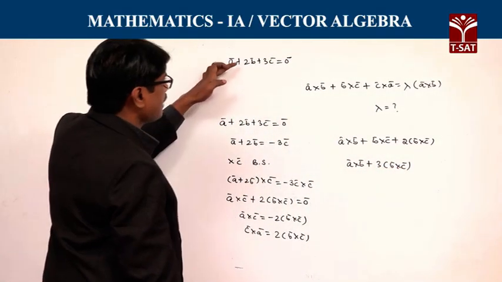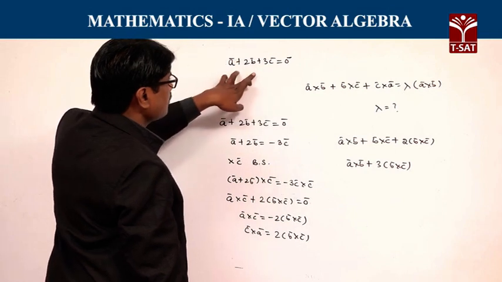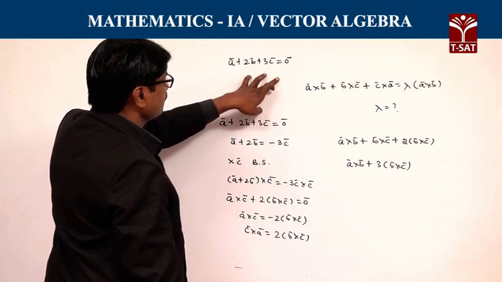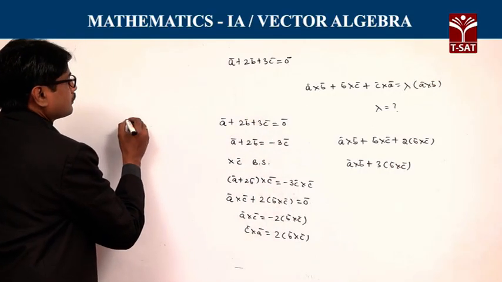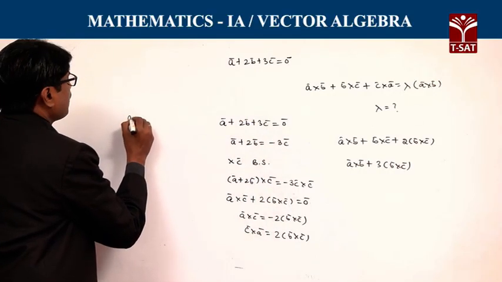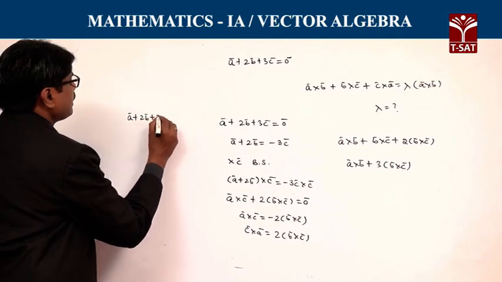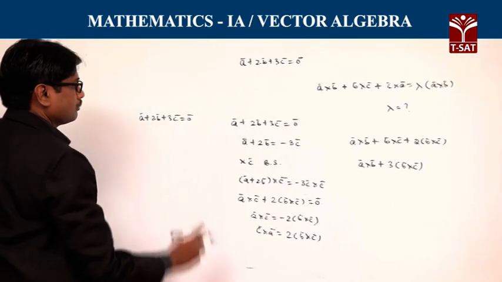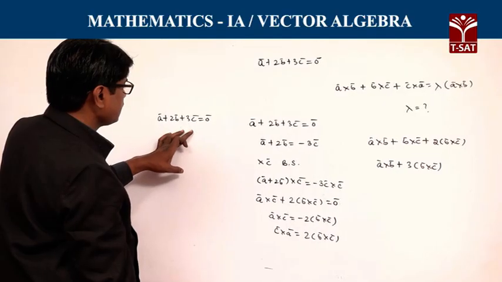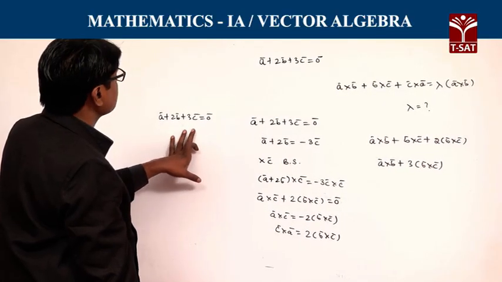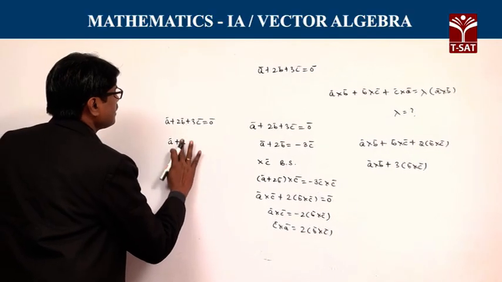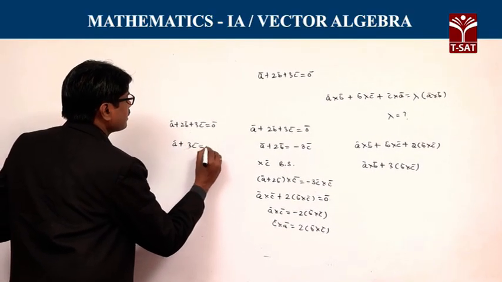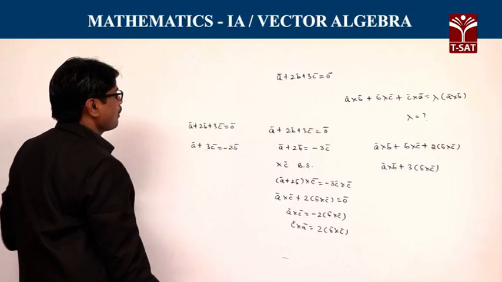Now express B bar cross C bar in terms of A cross B. Again consider A bar plus 2B bar plus 3C bar is equal to 0 bar, and B cross C in terms of A cross B. So A bar plus 3C bar is equal to minus 2B bar.